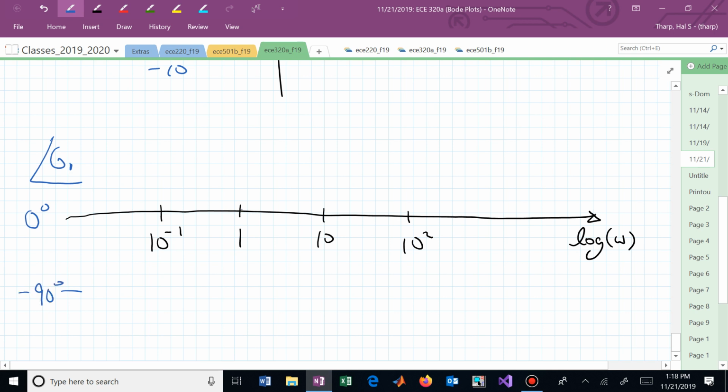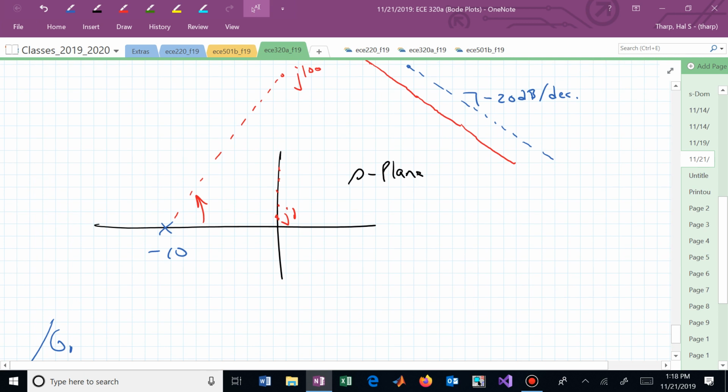Now we said, find a decade before our break, that's 1. Find a decade after, that's 100. And we know that now we're at minus 90 here, and we're at 0 degrees here. Let's now just connect those.